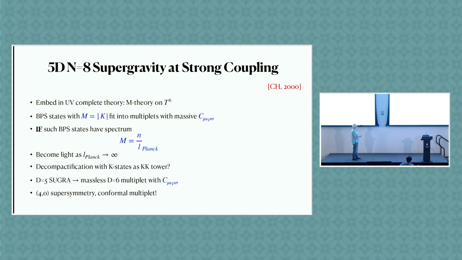This would be just what was needed for a spectrum of Kaluza-Klein states, and for a decompactification to a theory in 6 dimensions. We'd get 6-dimensional massless multiplets, which involve some 6-dimensional origin for this 4-index tensor field. There's a unique such multiplet, which has (4,0) supersymmetry and is in fact a conformal multiplet.